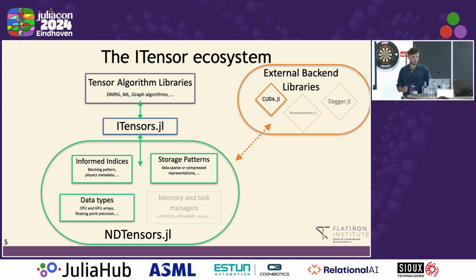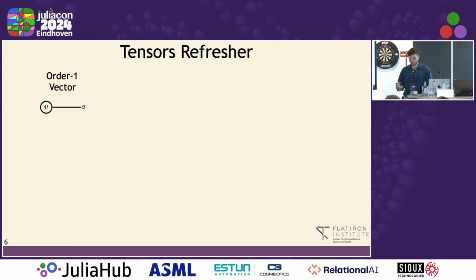Just as a really quick refresher, in case you don't know what a tensor is: a tensor is an n-dimensional array, and here we have the tensor diagram. Tensors are represented as vertices on a graph, and the lines coming out as edges from a vertex tell you the order, or the dimensionality, of the data.